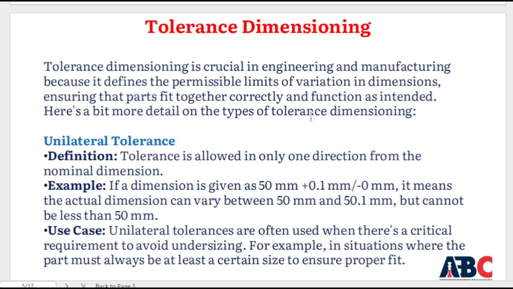Third, in a title block. For example, a dimension given as 1.625 plus or minus 0.002 means that the manufactured part may be 1.627 or 1.623 or anywhere between these limit dimensions.